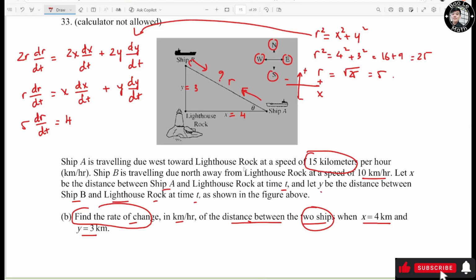So, since ship A is traveling due west, so traveling this way, it would be negative, right? So it would be negative 15 plus y equals 3. And ship B is traveling due north away from the lighthouse, so it's traveling this way, right? So it would be positive, right? So it would be 10 right here.